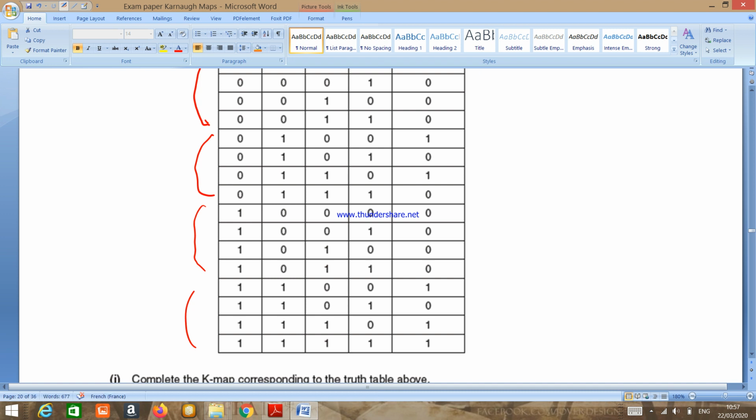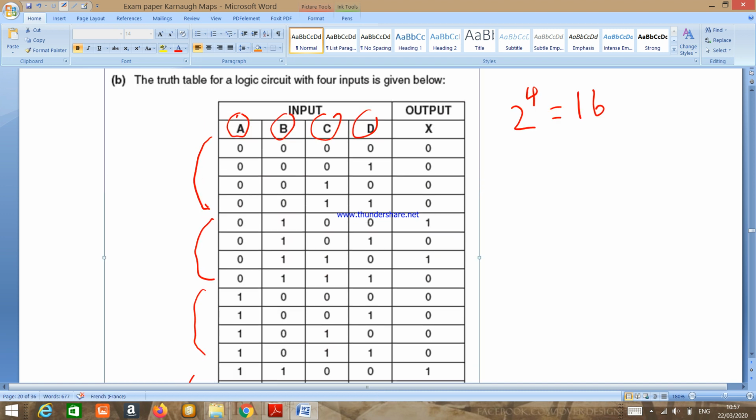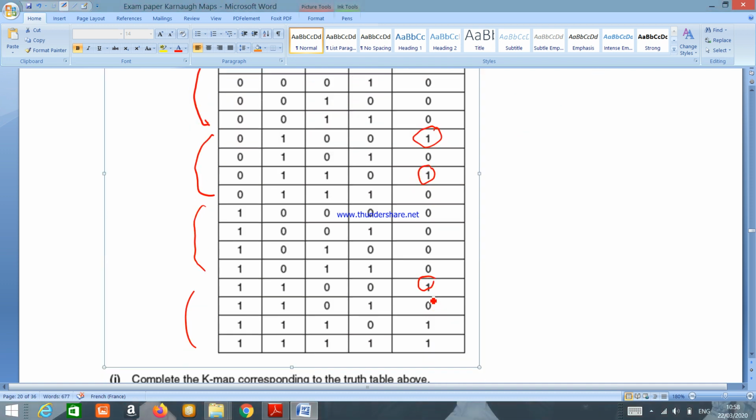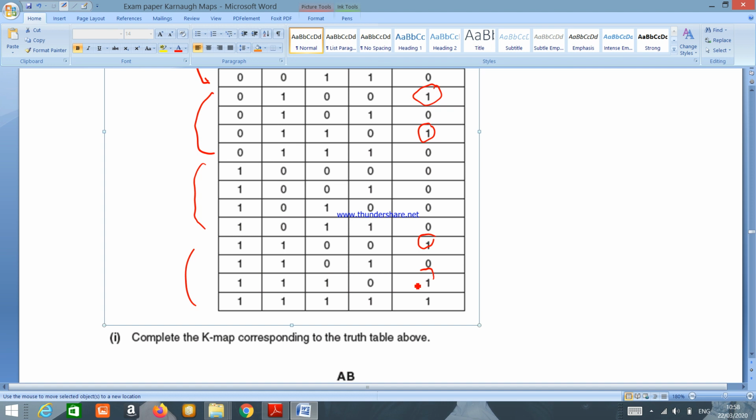What is our output? It is X. And these are the terms that should be there: 1, 2, 3, 4 and 5.